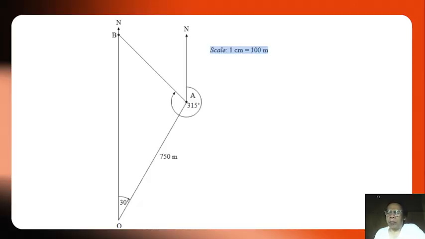You can see from the origin we have the 030 bearing, which means from the north we measure an angle of 30 degrees, and then you measure 7.5 centimeters, which is equivalent to 750 meters, going to point A. And then from point A, the man will be moving at an angle of 315 degrees with a scale of 1 centimeter equal to 100 meters. So that is our drawing for this problem.